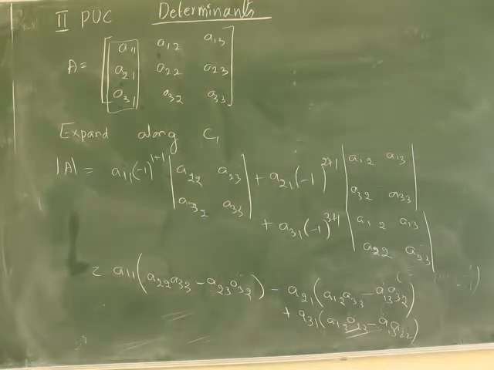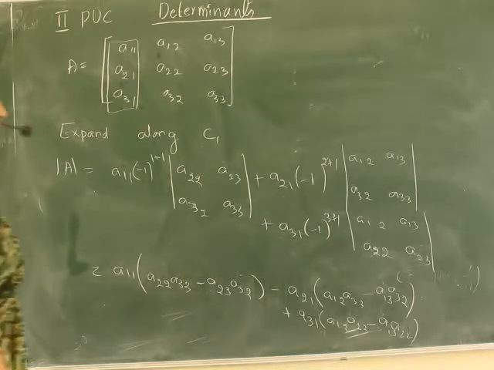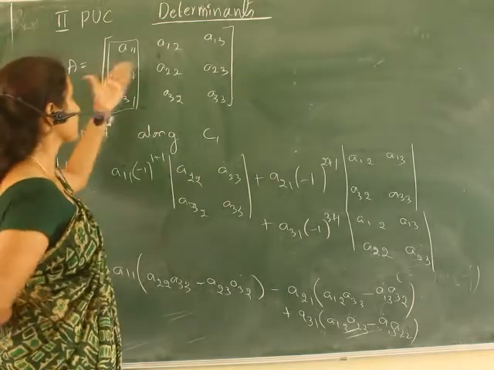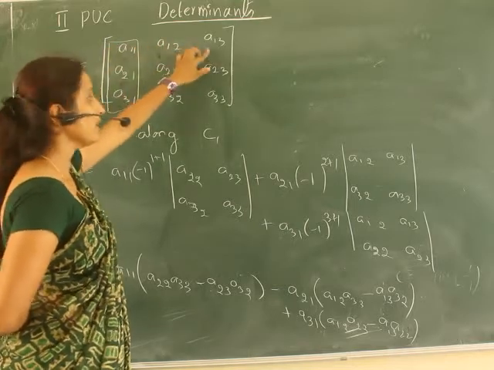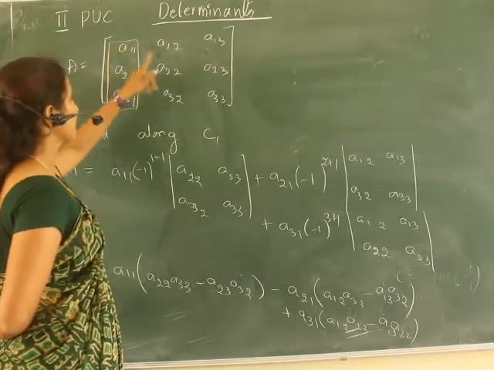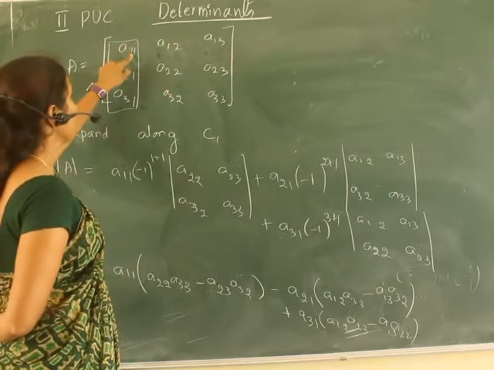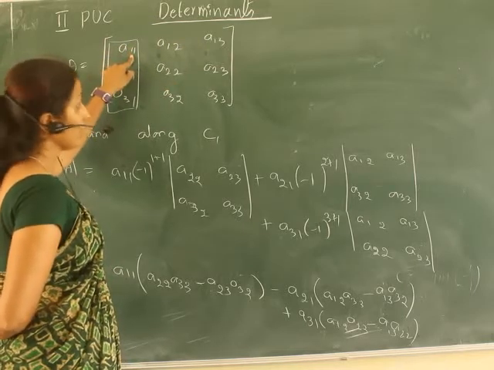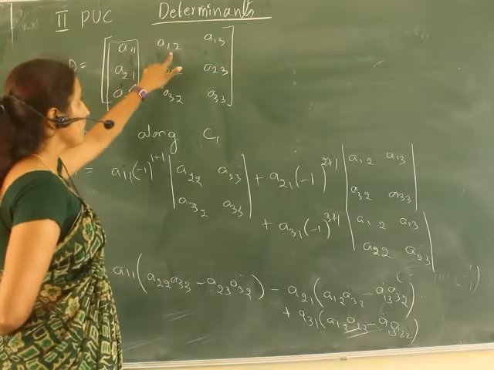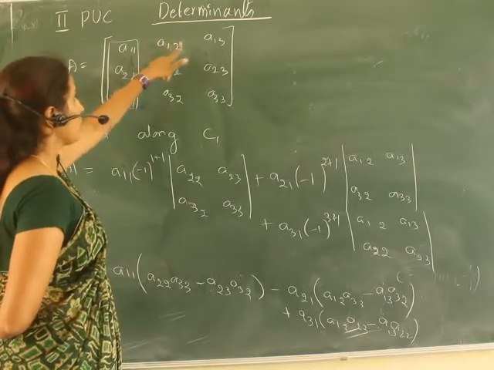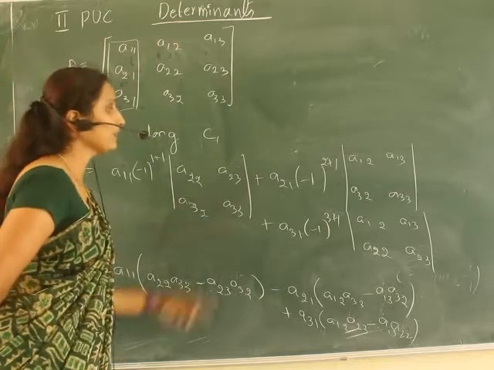So either we can expand along C1 or we can expand along R1. If it is R1, we have to take these elements and delete. Suppose I take R1, this element A11, then we have to delete the first row and first column, then A12, first row and second column, like that. Then the remaining elements we have to write.